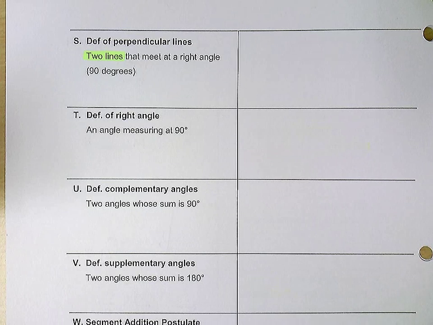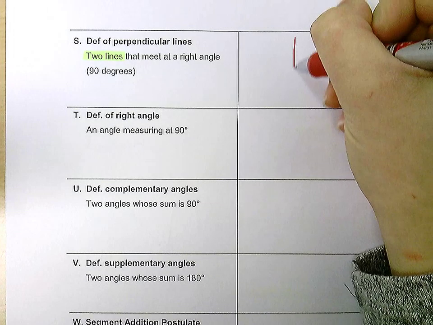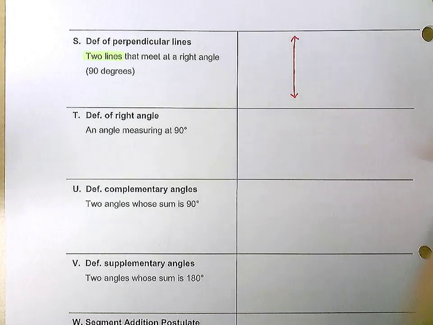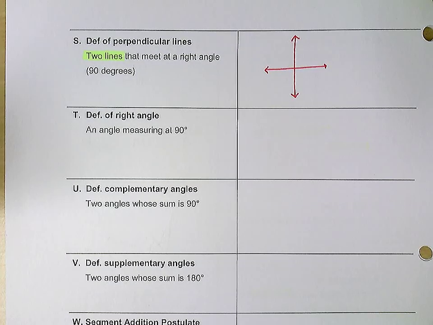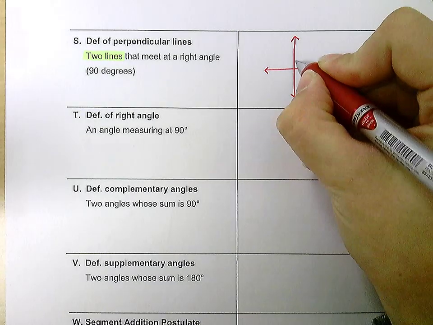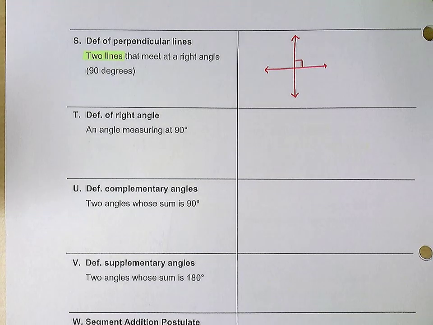So if you're given that line AB is perpendicular to line CD, then this angle is 90 degrees. You would say it's 90 degrees because of the definition of perpendicular lines. You had two lines meeting at a right angle.